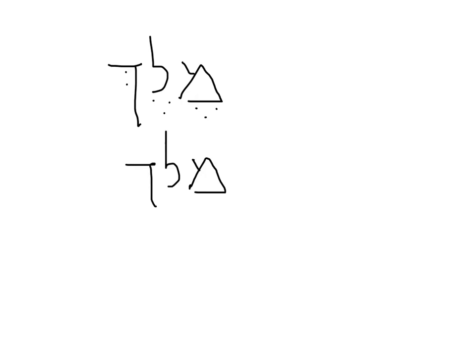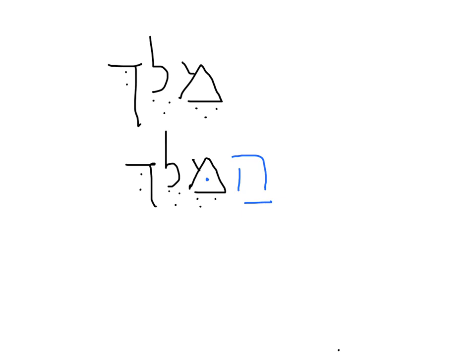Let's take another example. If we take the word for king, melech, we have a king. Now, if we wanted to say the king, no problem. We just add the hey, patak, and the dagesh in the mem, the first root letter.